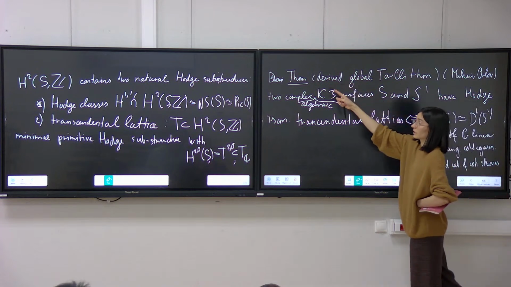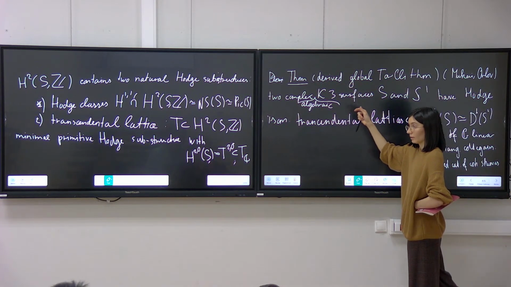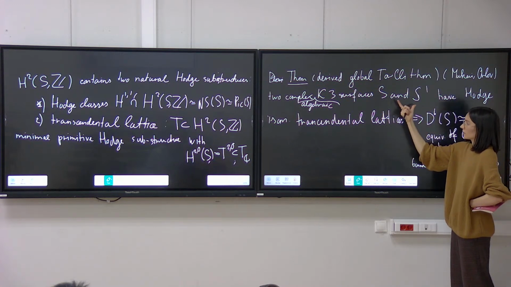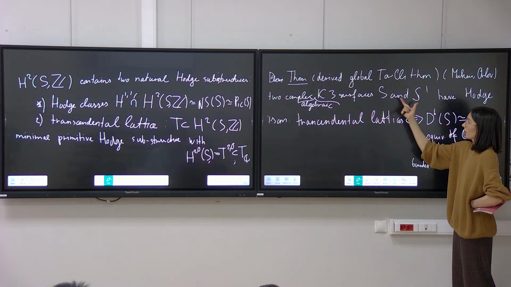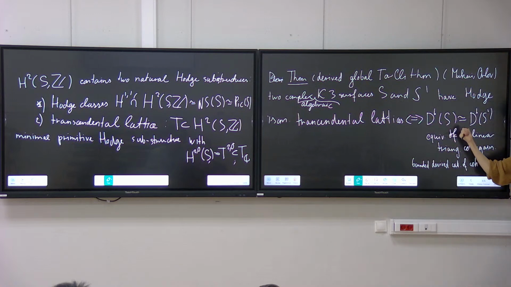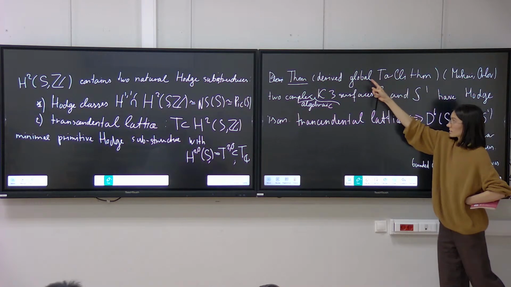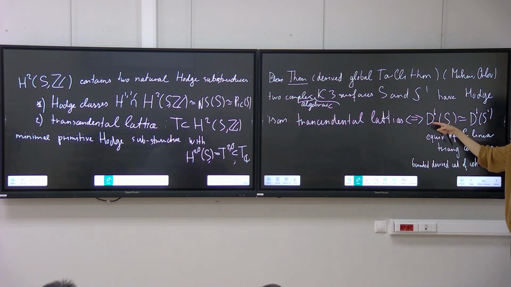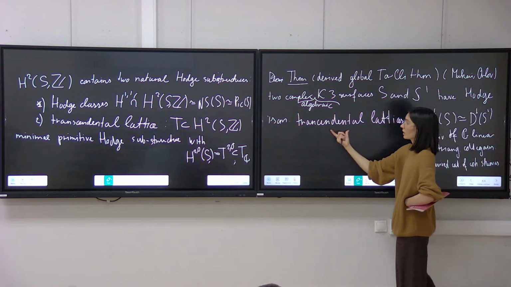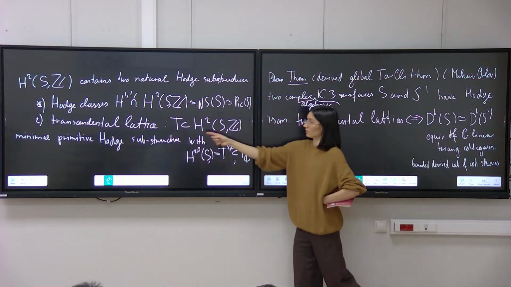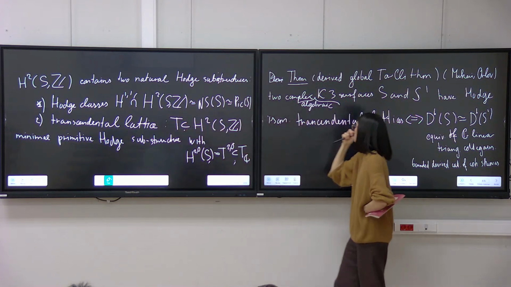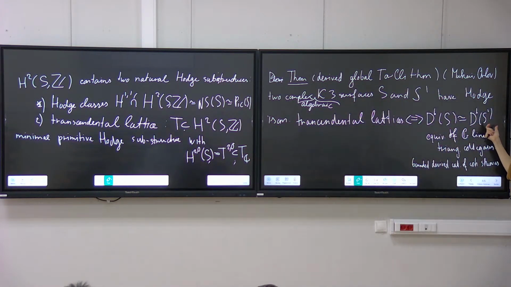And the precise statement: we can't completely reconstruct a K3 surface from its bounded derived category. And this statement tells you what we can reconstruct. So in this case, these invariants are isomorphic if and only if the corresponding transcendental lattices are isomorphic. So this part determines your bounded derived category.